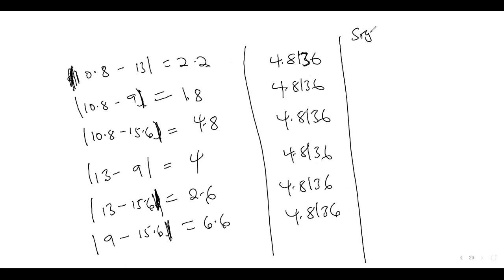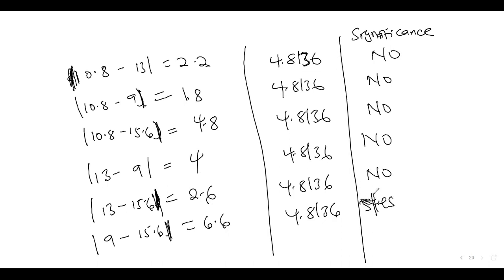When we compare, if the difference is less, it means we fail to reject the null hypothesis, so there is no significant difference. 1.8 is less, so no significant difference. 4.8 is also less, so no significant difference. 4 is also less, so no significant difference. 2.6 is less, so no significant difference. 6.6 is greater, so yes, there is a significant difference.